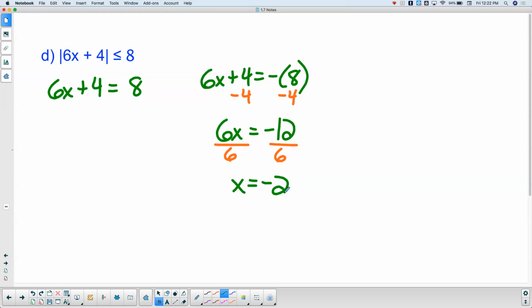Does it check out? 6 times negative 2, plus 4? Yeah. Negative 8. Absolute value of negative 8? 8 equal to 8. Checks out. Love it. Call on somebody.